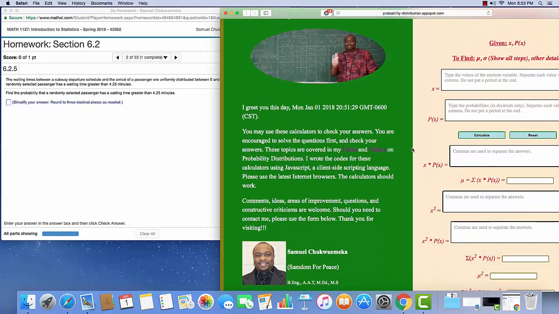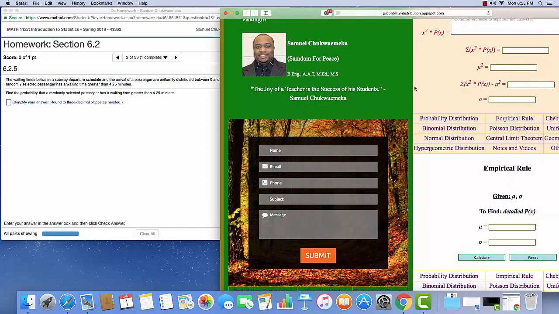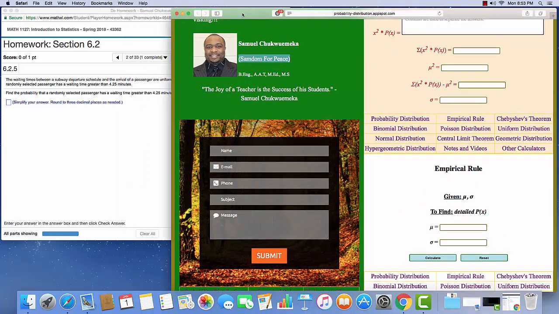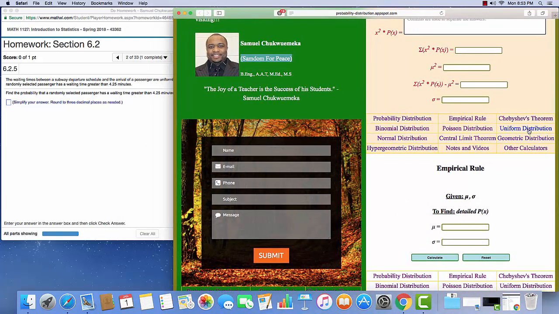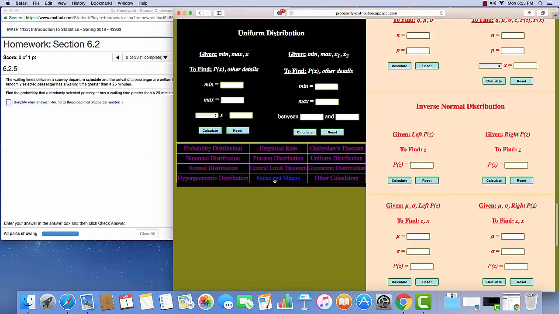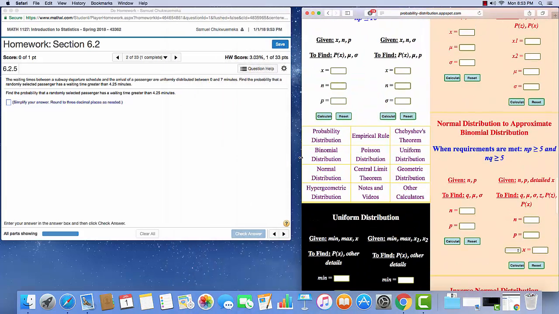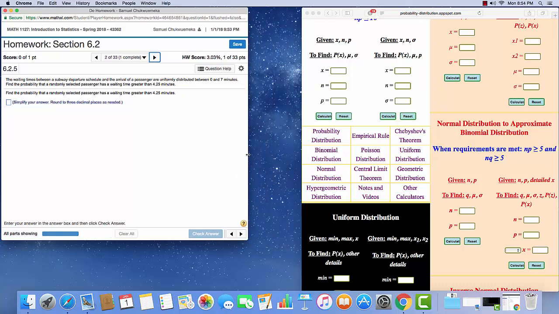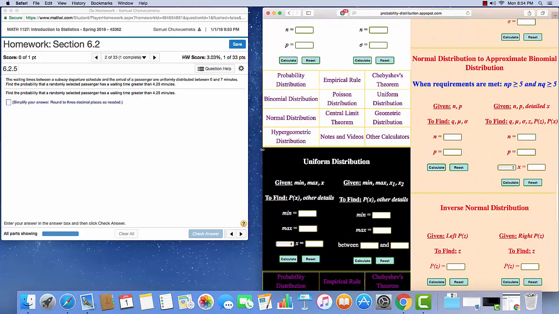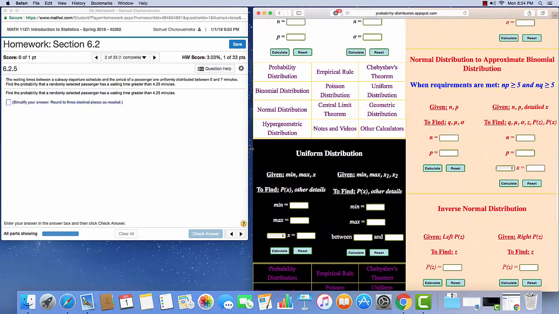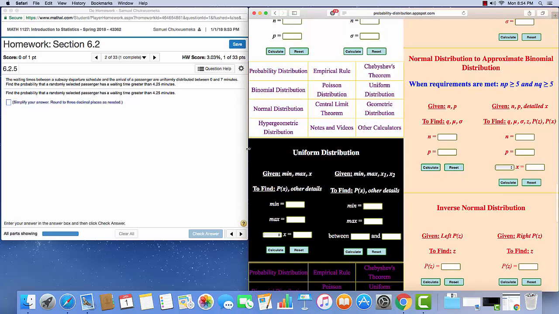Okay, so you just click on uniform distribution. You click on uniform distribution here, and this is what we need here. Let's kind of make this bigger so we can see it.